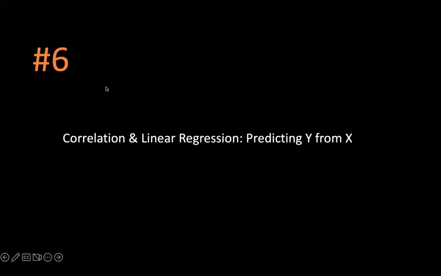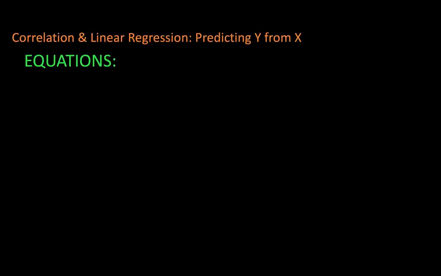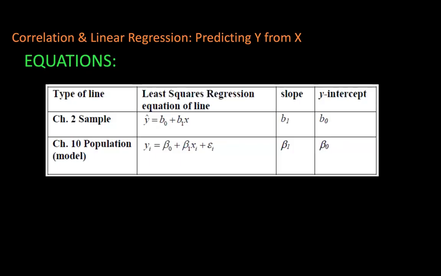Number 6, we'll be going through correlation and linear regression, predicting y from x. Some equations that we have to remember are these ones: the least squares regression equation of the line. In a sample, we use y hat equals b0 plus b1x. The slope is b1 and the y-intercept is b0.